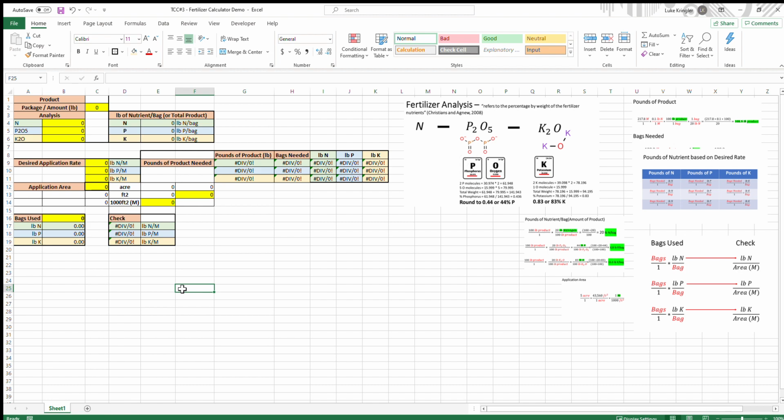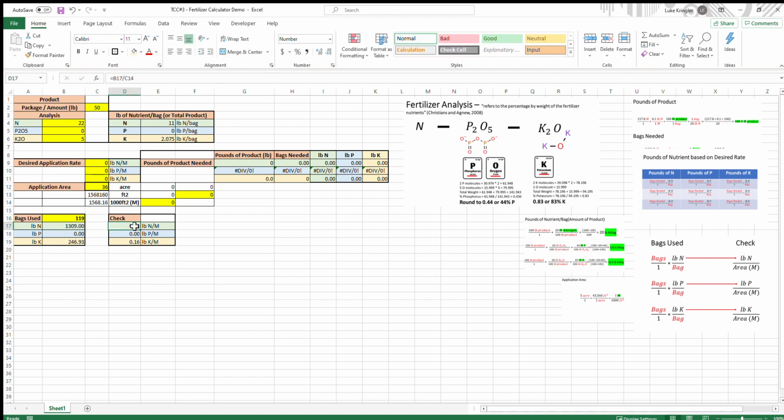So if we don't have a desired application rate and we want to find out the rate that we applied nitrogen at, and we say we have 50-pound bags of a 22-0-5 fertilizer, and we went out and applied it to our primary rough or something. So we have an approximate acreage of 36 acres for that, and we used a total of 119 bags.